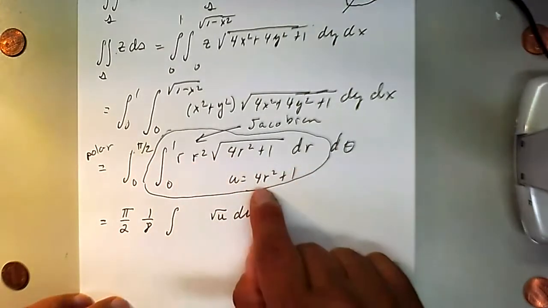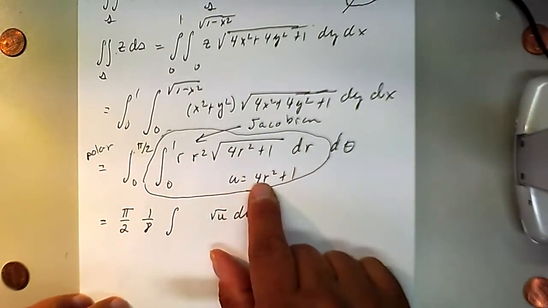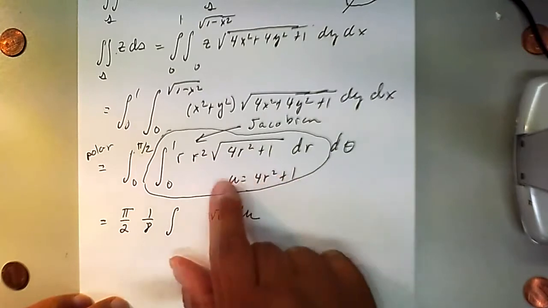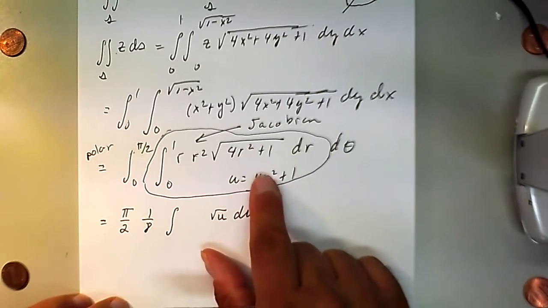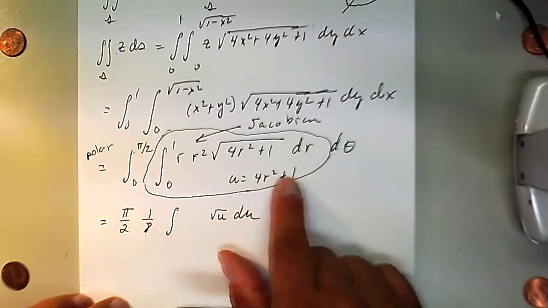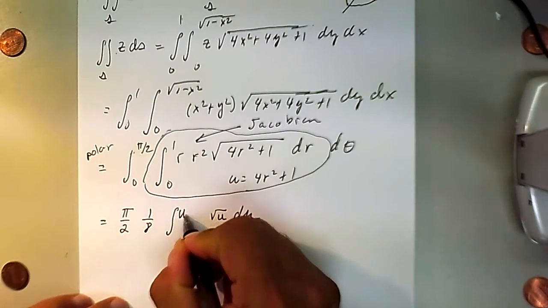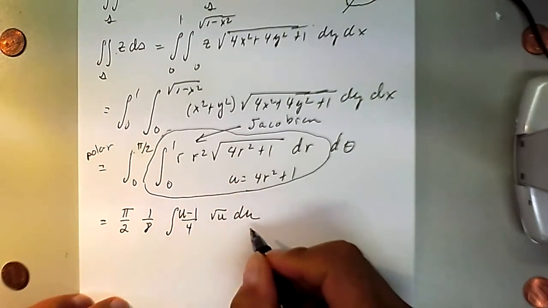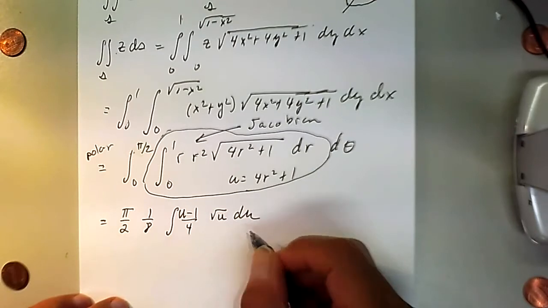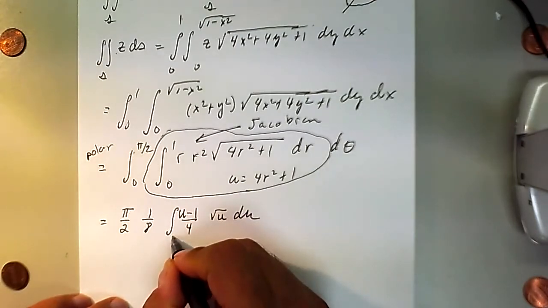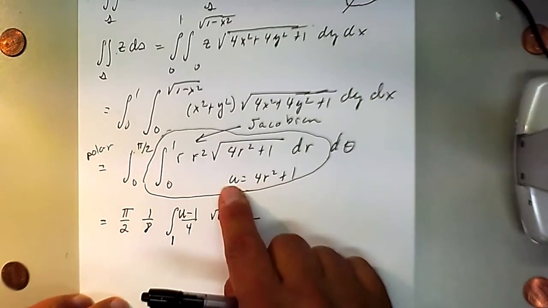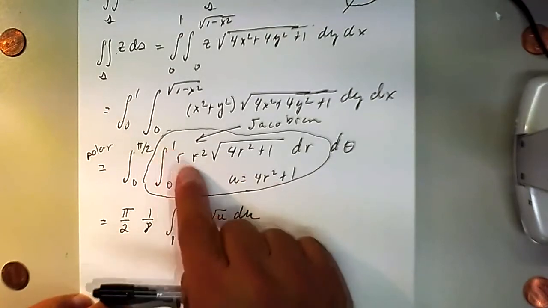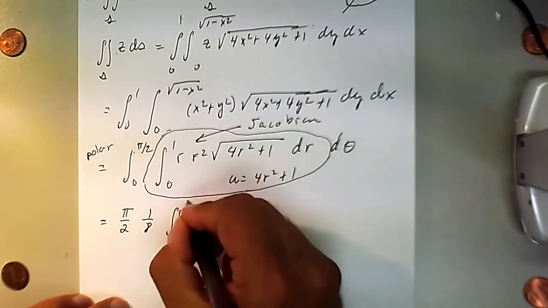We did not have this r squared in the previous example, example 1. If we solve this equation for u, we can subtract 1, so we will have u minus 1, divide by 4, and that gives us r squared. So u minus 1 over 4 will do it. And we're going not from 0, from 1, because when r is 0, u is 1, and when r is 1, then u is 5.